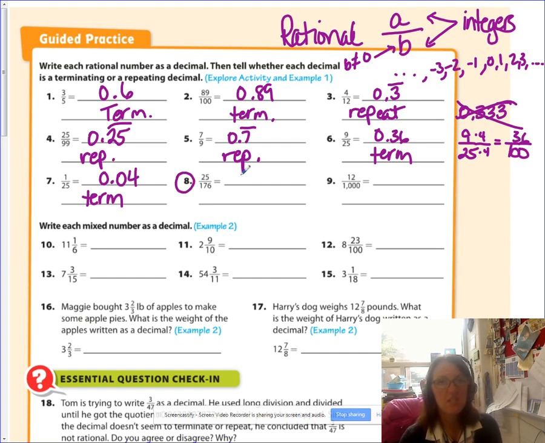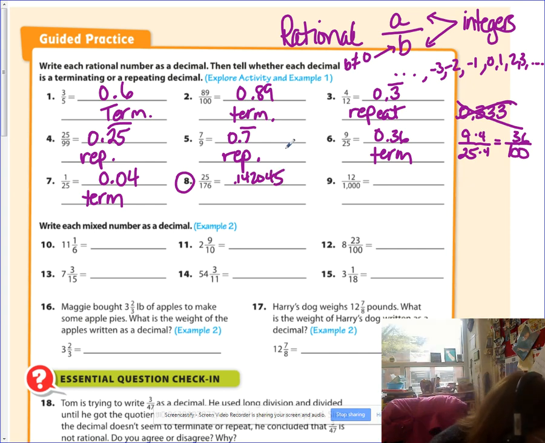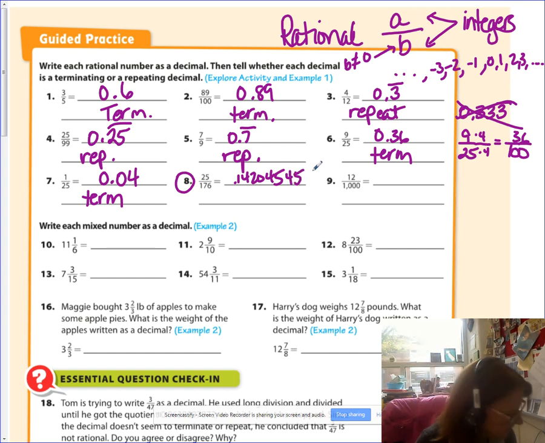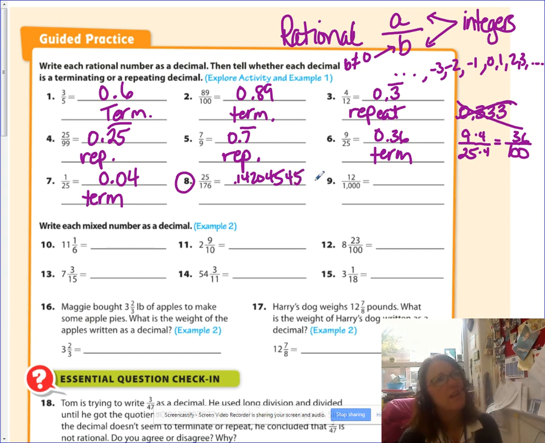This one we did together in class because it was a little more ugly. 25 176ths. I'm trying to remember here what happened. It started out as like a 0.1420, 0.142045, 4, 5, 4, and then it keeps going.